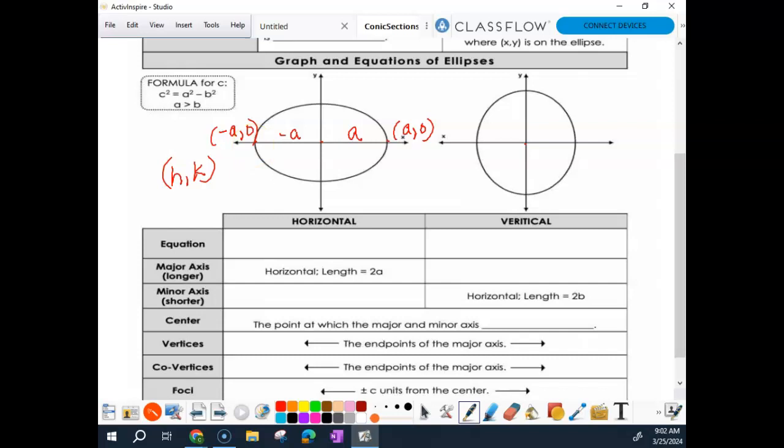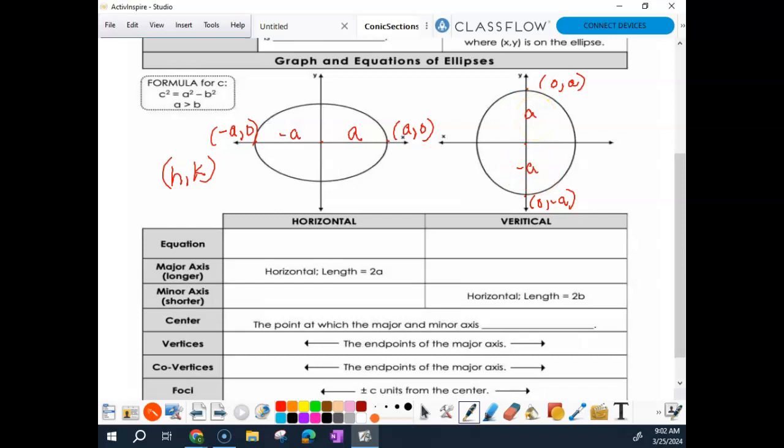On the vertical ellipse, it gets pulled this way. And that's going to give me a vertex here and here. And the vertex now, it's not X, it's Y. So we get 0,A and then 0, negative A. This is my A distance.